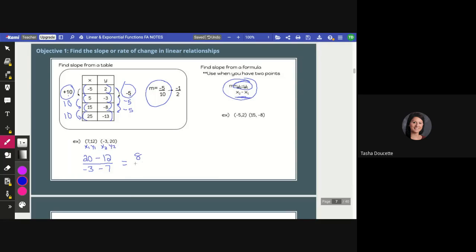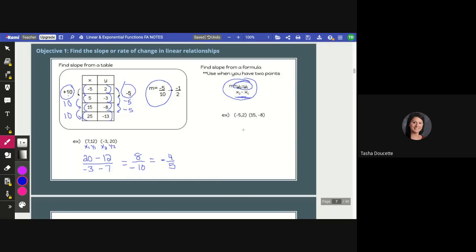That is 8 over -3 minus 7. So what that's saying is -3 plus -7. All right, so that would be -10. So you got to, again, think of your sign rules, positives and negatives. So this is really, let's simplify this to -4/5. That would be your slope.